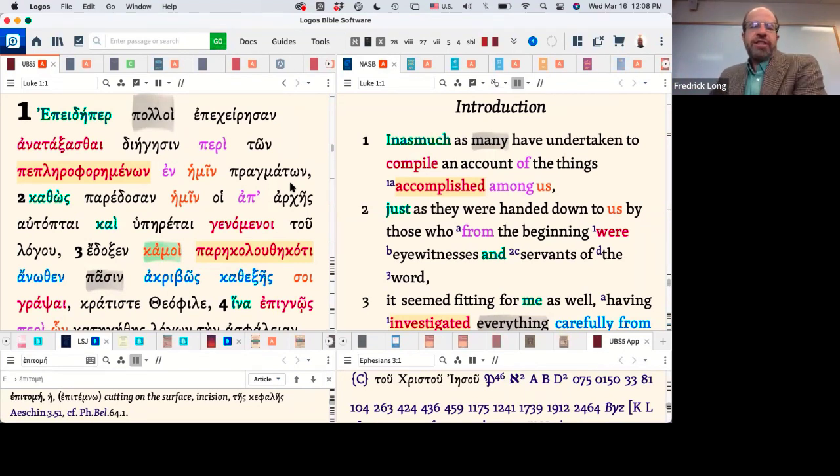I'll try to point out some of those to you, but it really is a tour de force, as well as some virtue signaling of, hey, I can do historical writing, and you should pay attention to that. So: epeidēper polloi epecheirēsan anataxasthai diēgēsin peri tōn peplērophorēmenōn en hēmin pragmatōn.